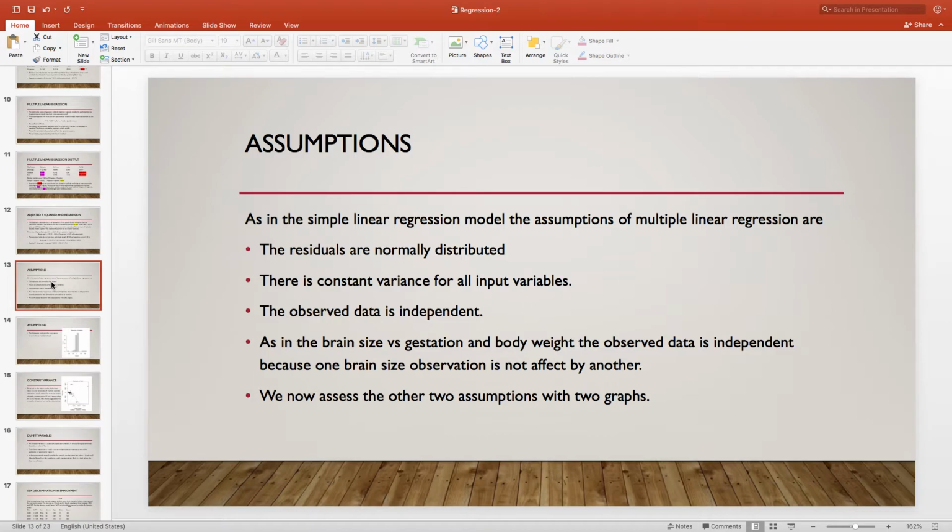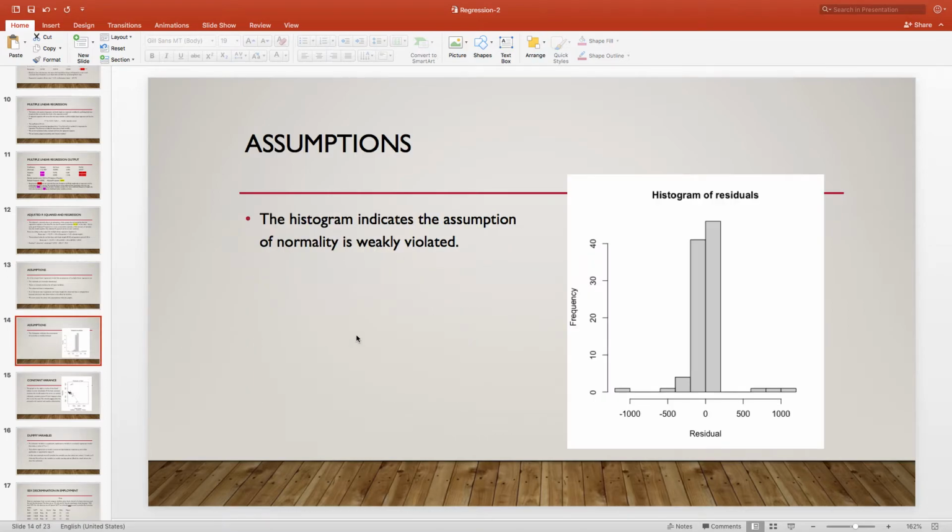Okay. Now let's look at the other two assumptions. So independence seems good. Now we need to assess normality and constant variance. So here's the histogram of the residuals. It kind of has a bell shape. It's kind of hard to tell. It kind of resembles a normal distribution, but there do seem to be some outliers.